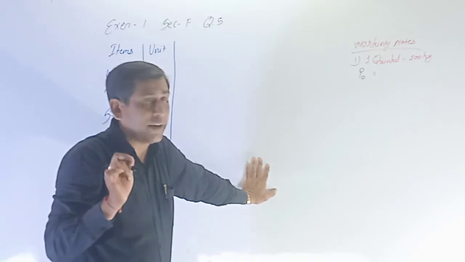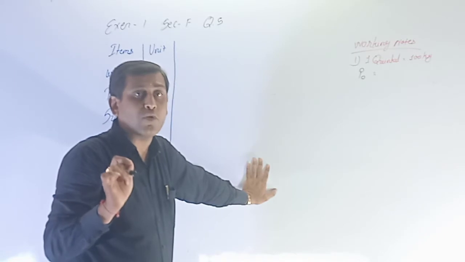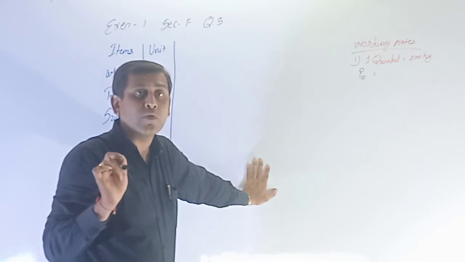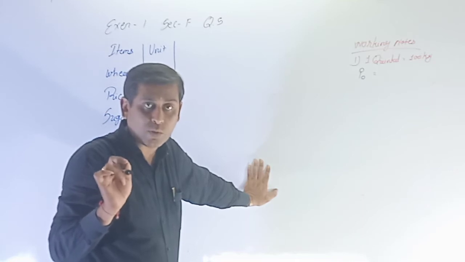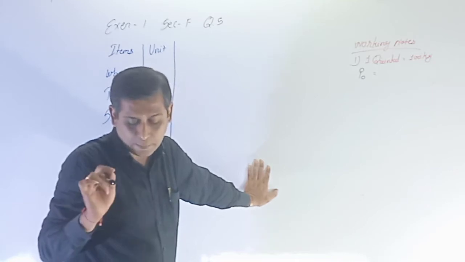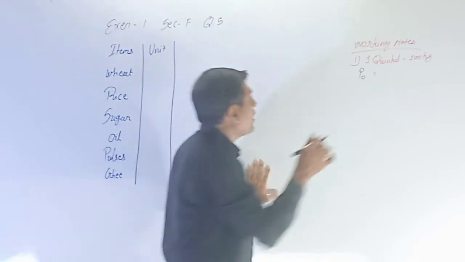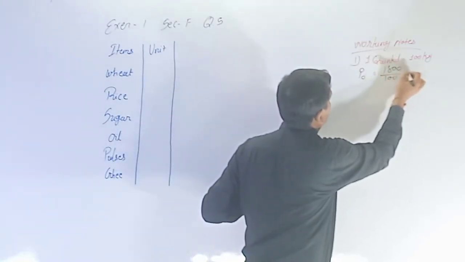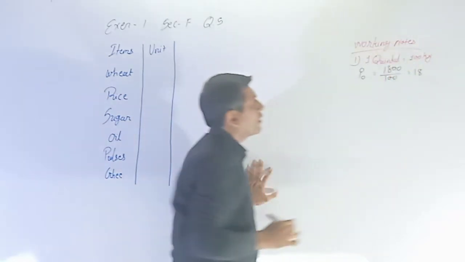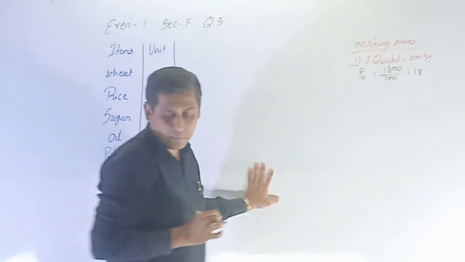That's why the 100 is the extra amount, and we have to divide the price of the current year as well as the price of the base year by that 100. So the price of the base year is 1800. 1800 divided by 100, so 18 is your price.